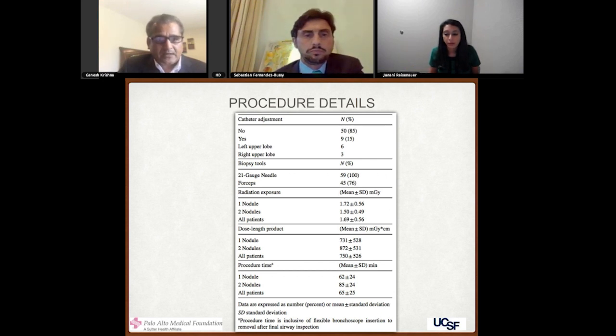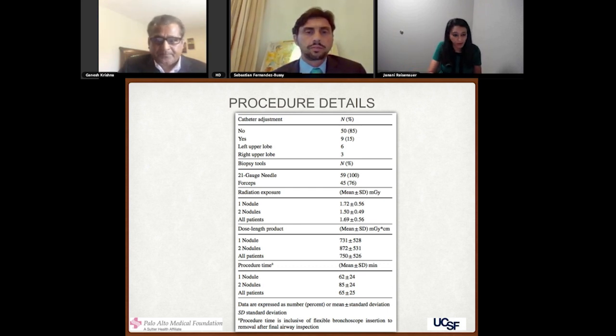I would like to point out that we did use a standard anesthesia protocol with 10 of PEEP, an 8 ml per kilo ideal body weight tidal volume, and complete neuromuscular blockade. We used a 21-gauge needle as our first biopsy tool in all of our patients, and in about 3/4 of our patients, especially those with ground glass lesions, we used forceps biopsies.